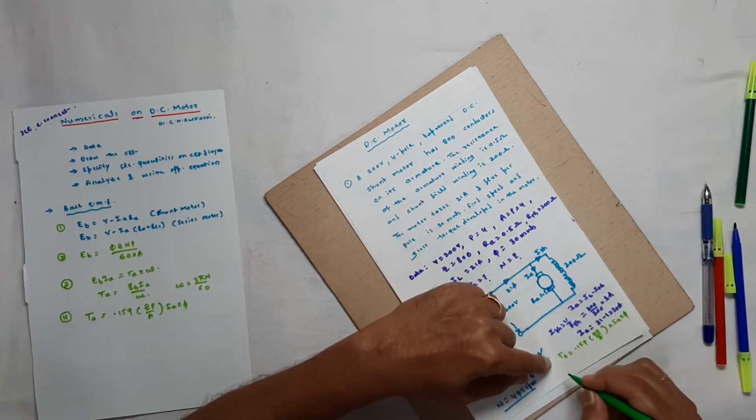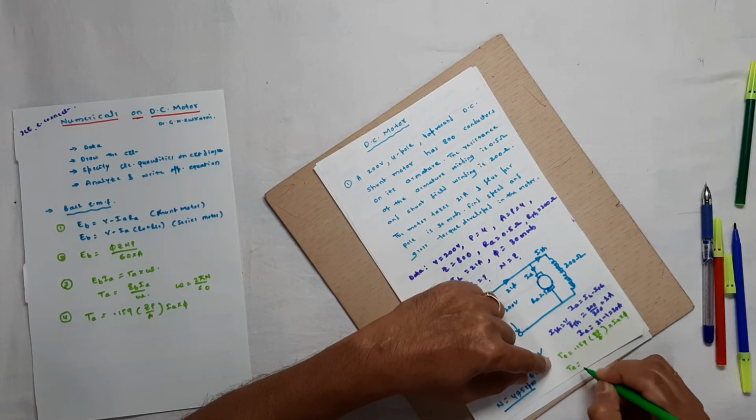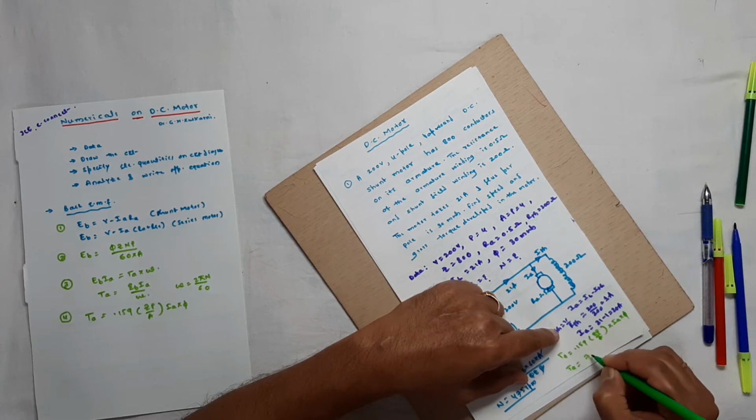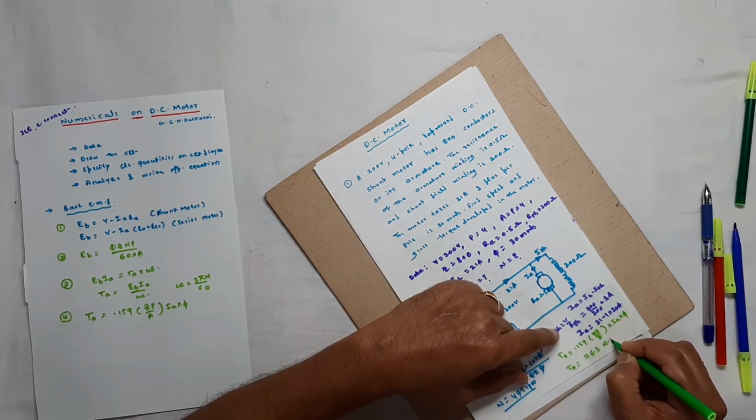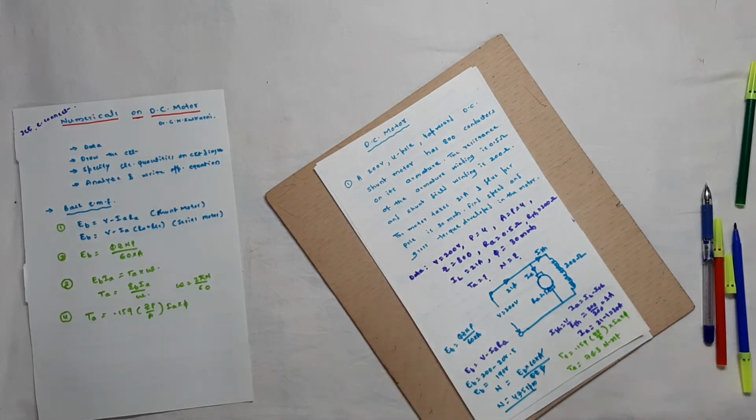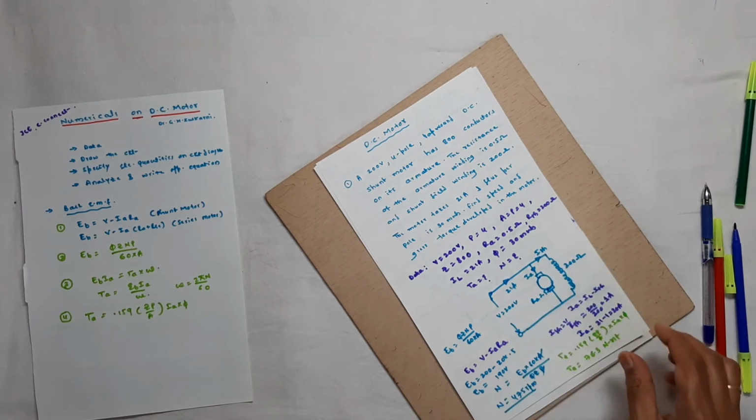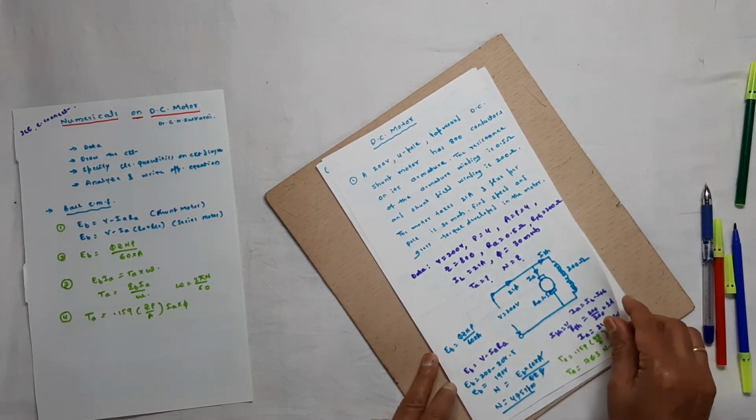If you are substituting, then you find out the torque TA. What we are getting is 76.3 Newton meter. It is straightforward, the numericals. If you know the values, correctly we have to mark and you have to find out the values.